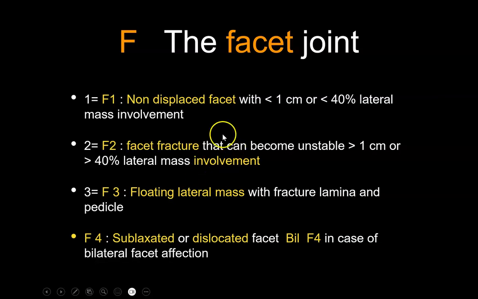Also we have subtypes. F1 is a non-displaced facet with a fissure or fracture less than 1 centimeter of the articular facet, or less than 40% lateral mass involvement. So if it is a small involvement, a fissure in one of the articular facets, involvement of the lateral mass, some displacement, but less than 40%, it is F1.